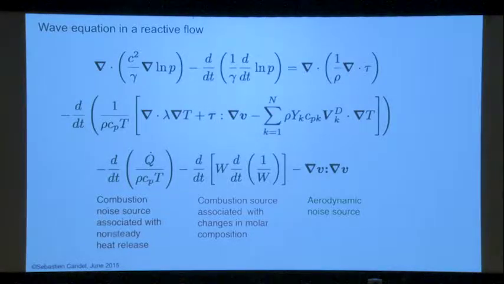It doesn't quite. You see, this is more or less like a Laplacian, but of the logarithm of P. And this is a d2 by dt2 of the logarithm of P. But you have 1 over gamma here. Gamma is not constant. c squared over gamma is also appearing here. You have all these terms which were not there before.